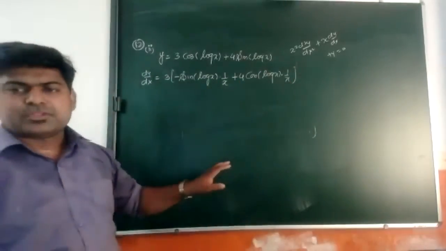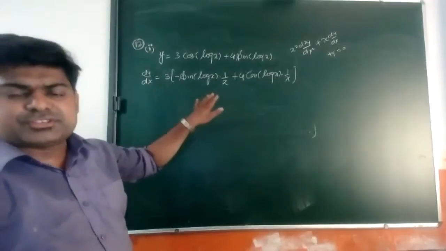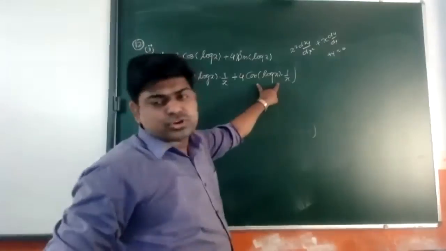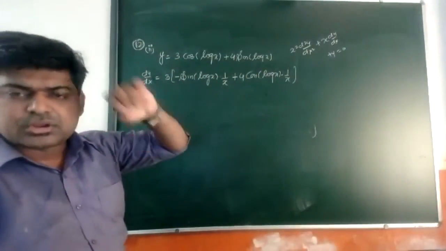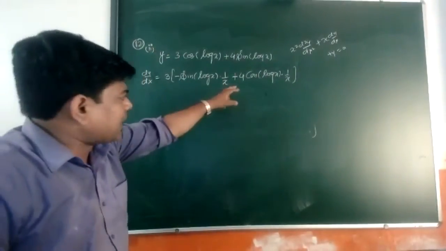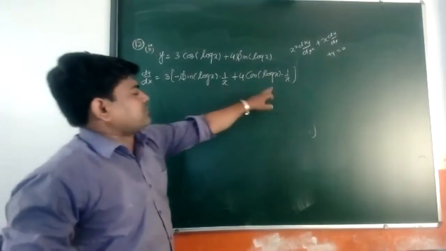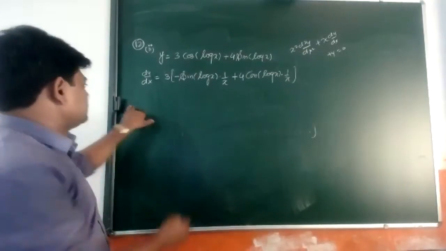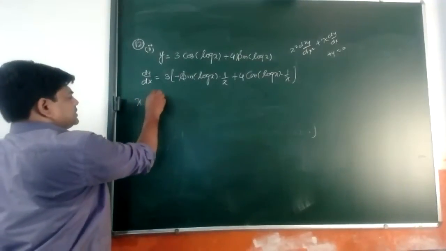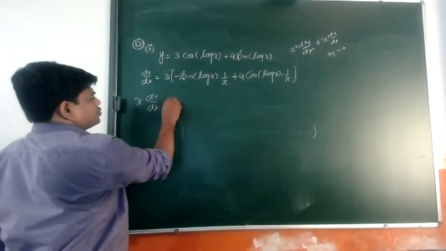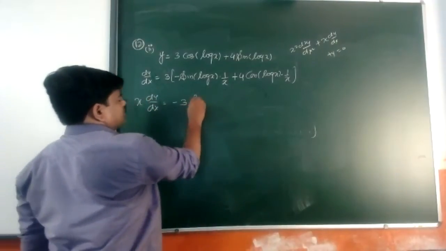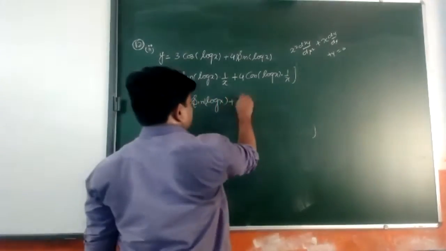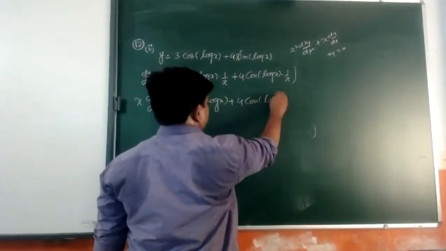Now listen to me carefully. If I again differentiate it directly, I have to use the product rule here and the product rule here. Two times the product rule has to be used. But one thing is there, if I transpose this 1 upon x to this side, or I can say multiplying by x in the whole equation, it can be written as x dy by dx is equal to minus 3 sine log x plus 4 cos log x.